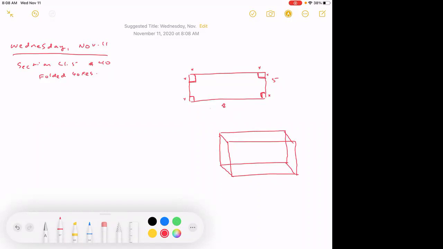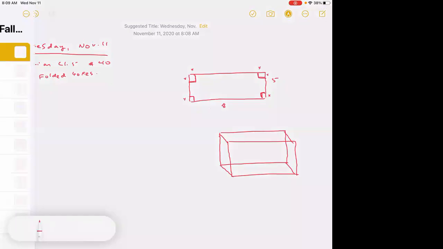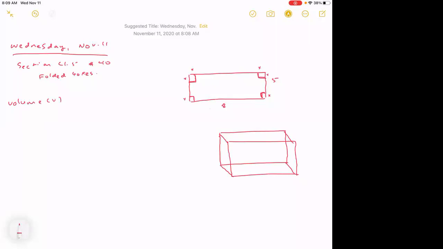Now we have to find the volume of the largest box that can be made this way. So our objective function here is volume, V. What would that be? Length times width times height, correct? That's the volume.